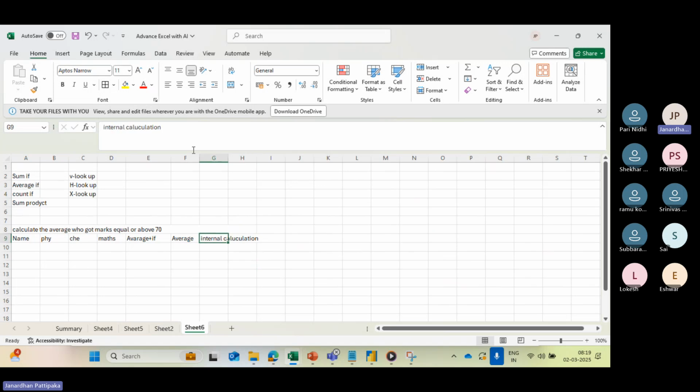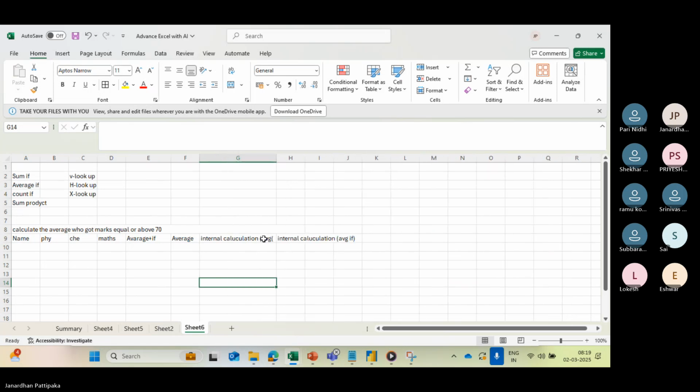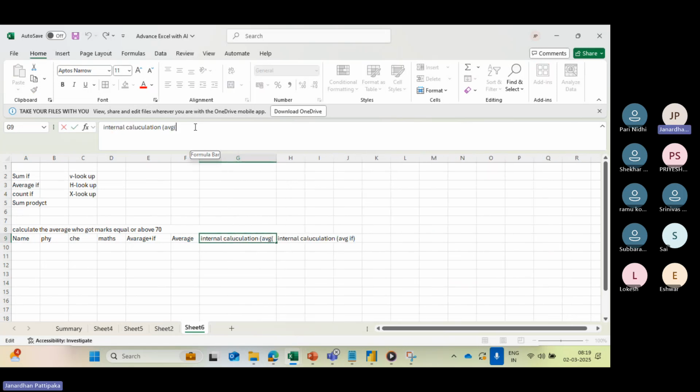So this is the internal calculation for average. I will take only two simple data. Suppose Anil, I'm getting his marks. He is getting 71%.